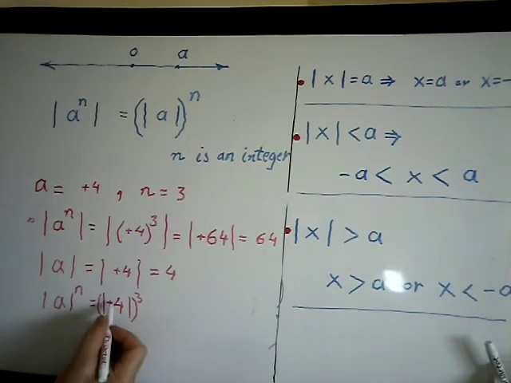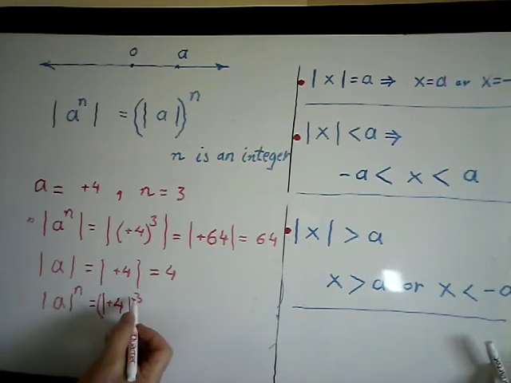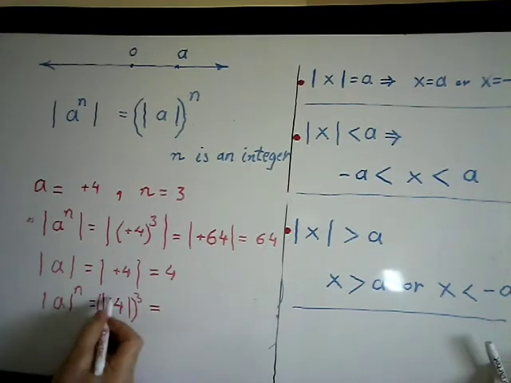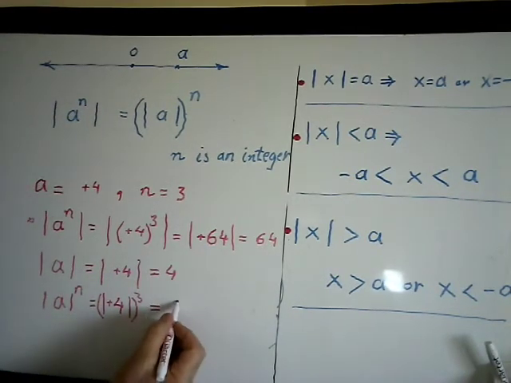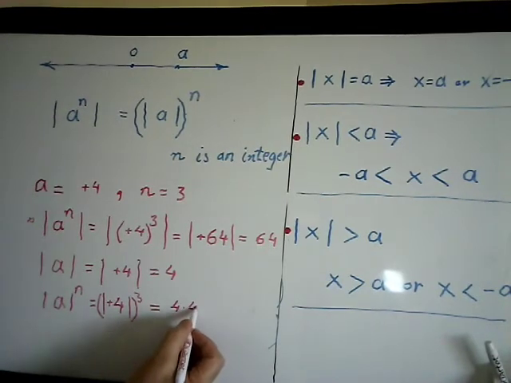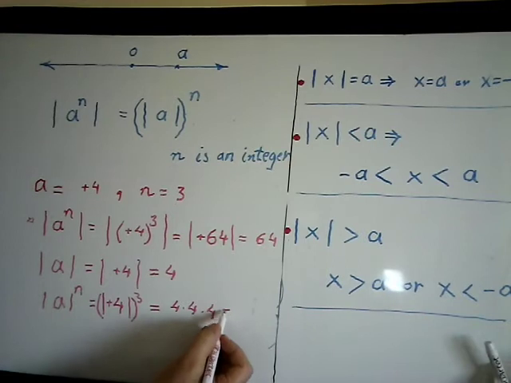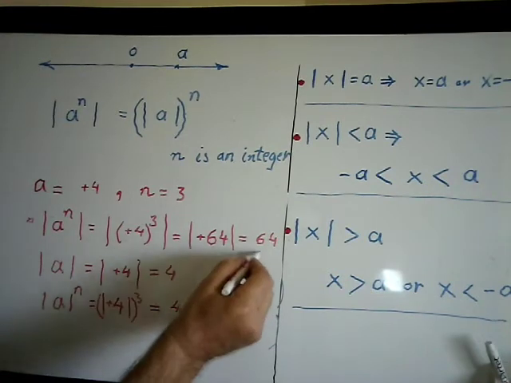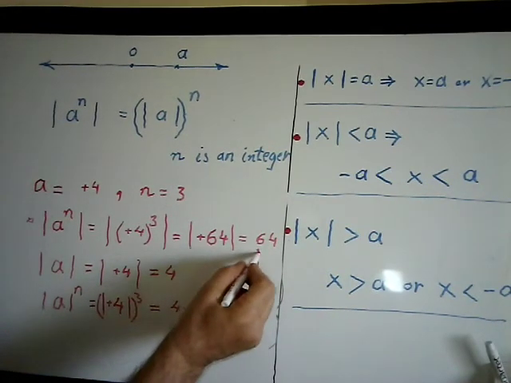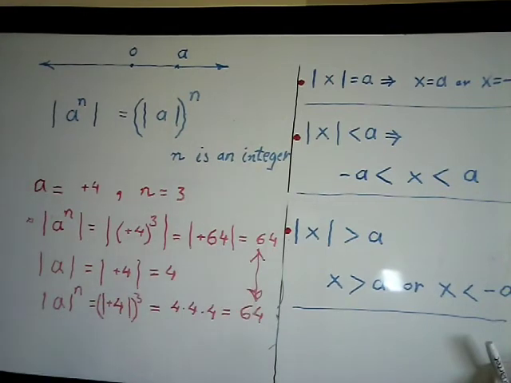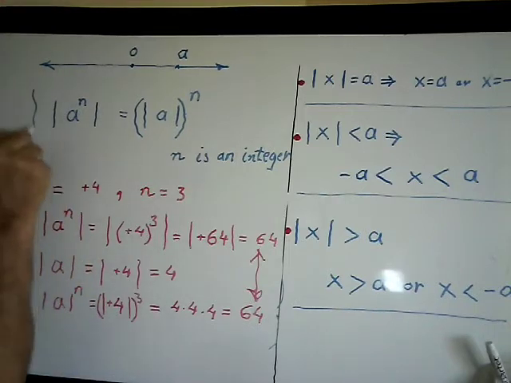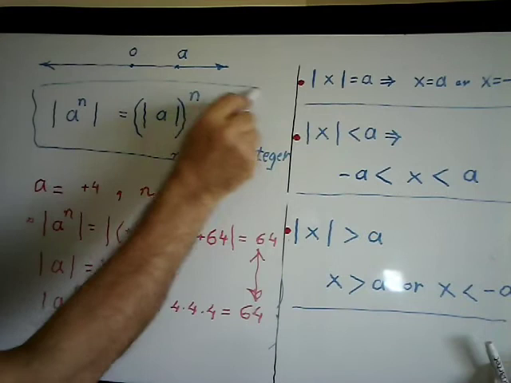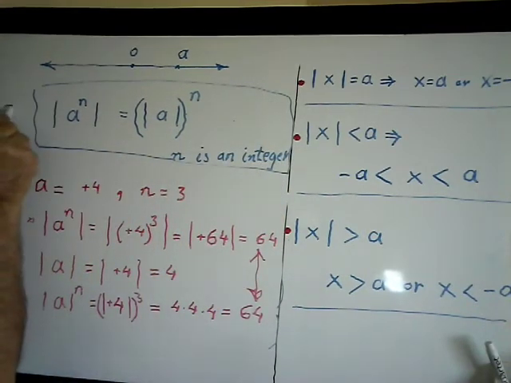After finding the result, we multiply the result by itself 3 times, which means 4 times 4 times 4, which will be 64 also. So the same result we got here and here. That's why we say the third rule for the absolute value is this one, this number 3.